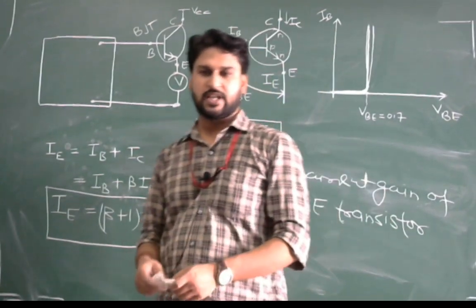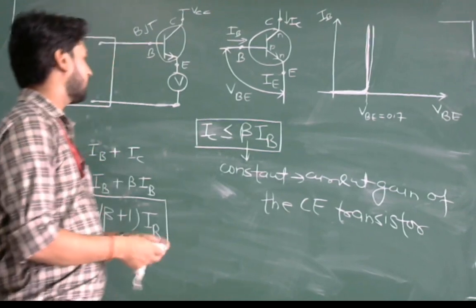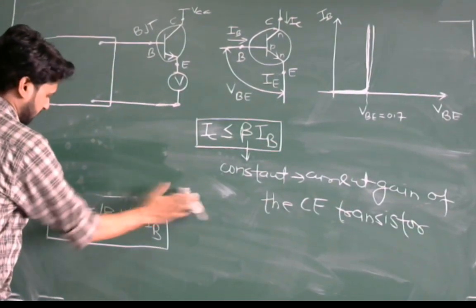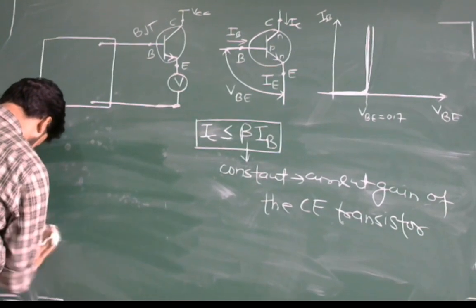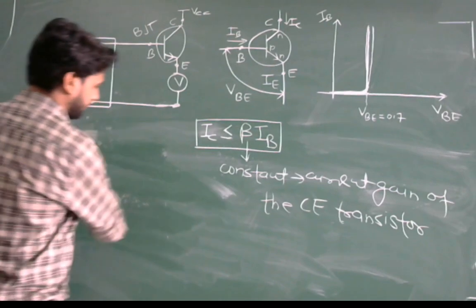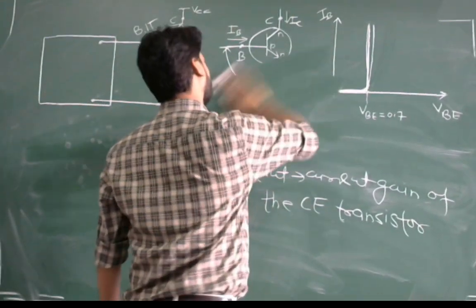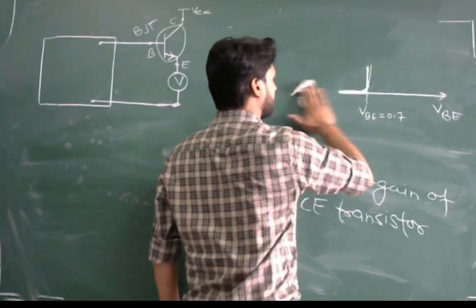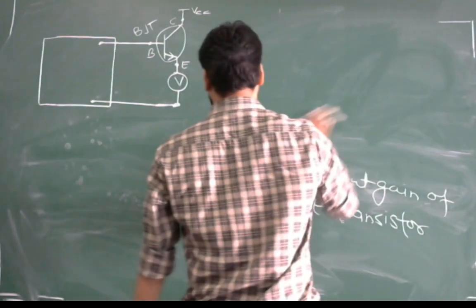By using these two relations, we can discuss the function of the emitter follower voltmeter. These two relations are very important for the analysis of this circuit.